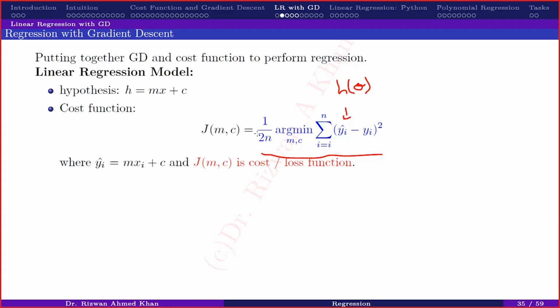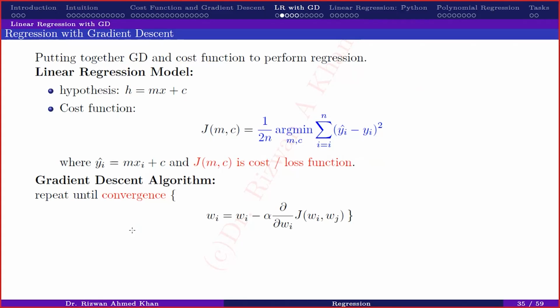And 1 over 2, we use this for mathematical convenience because we'll take derivatives and this 2 and 2 would cancel out. We are working with h of theta given by mx plus c, or you can just say theta 1 m plus theta 0 if you are comfortable with this.